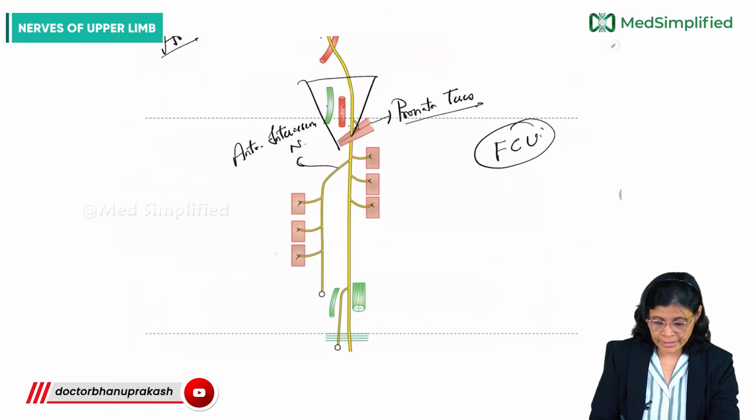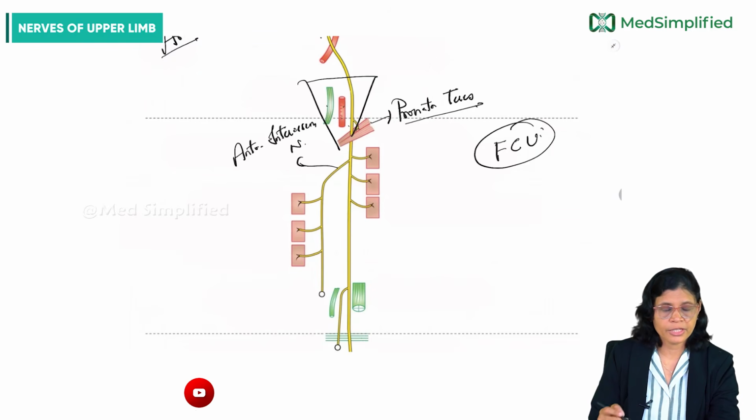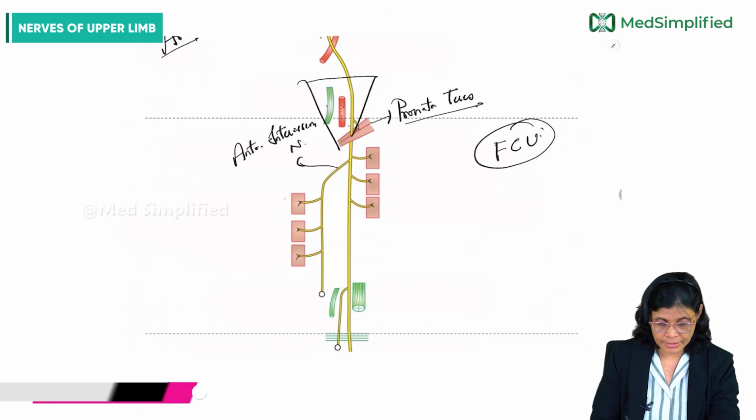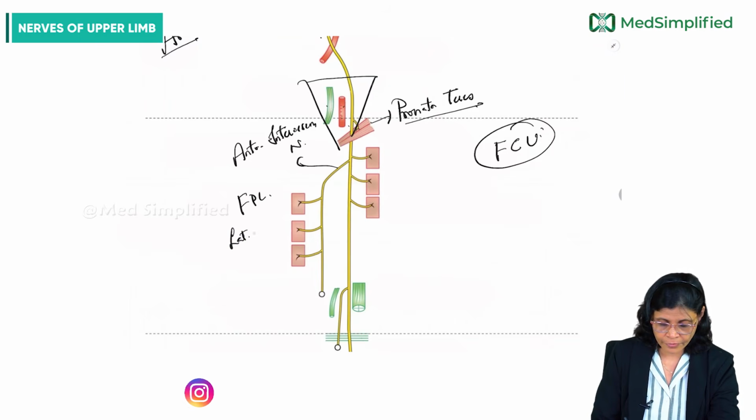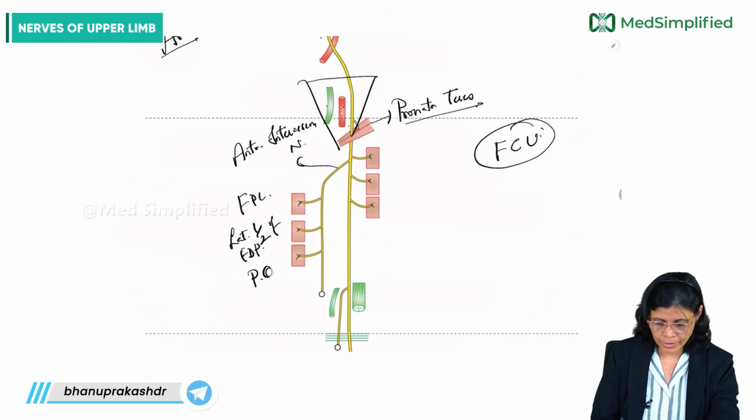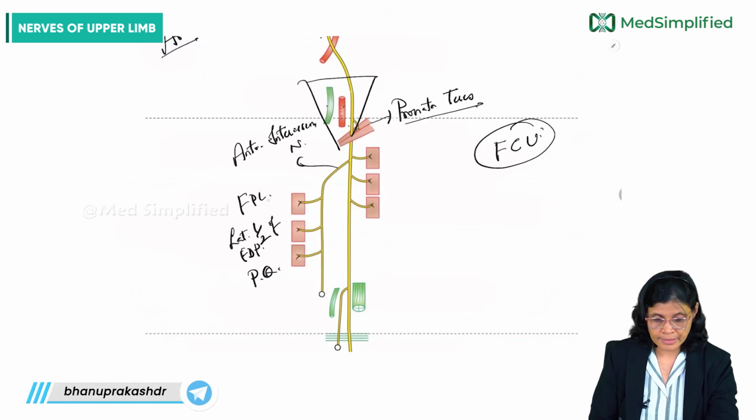This anterior interosseous nerve, just like the posterior, is completely motor and will supply the deep muscles. It supplies the flexor pollicis longus, the pronator quadratus, and the lateral half of flexor digitorum profundus.